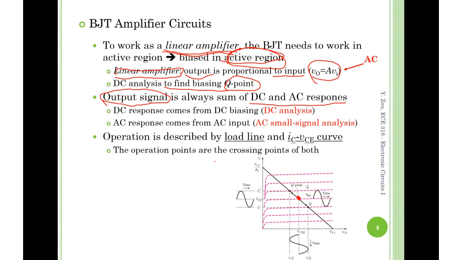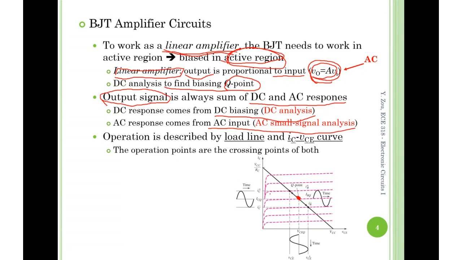This concept needs to be clear. Output signal is output signal. The gain is AC gain. These are two different concepts. DC response comes from DC analysis, AC response from AC analysis. The summation of the two is the total output signal.